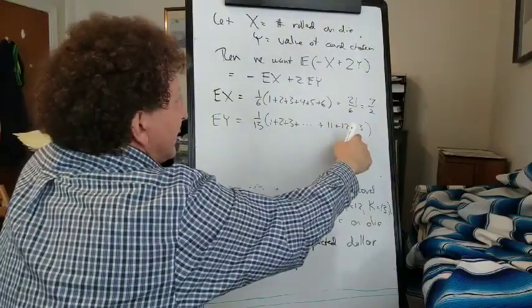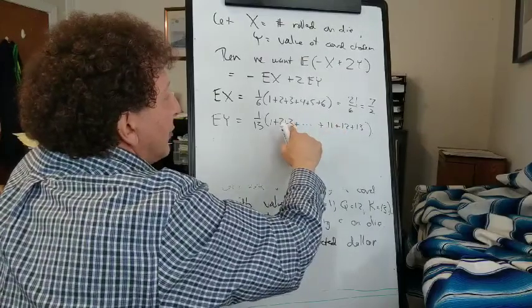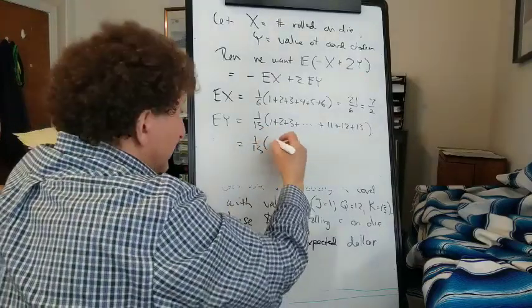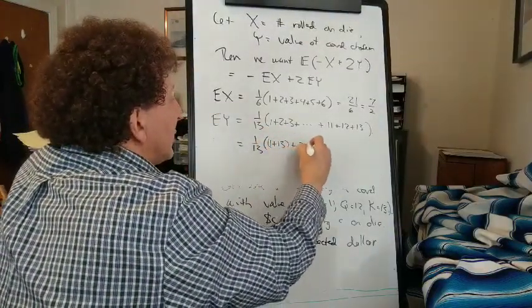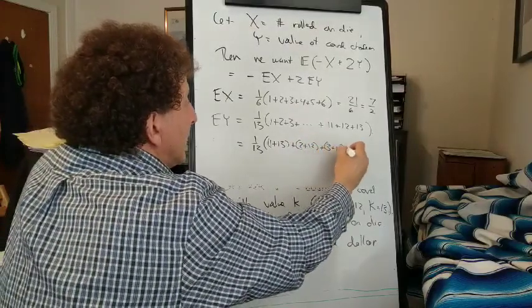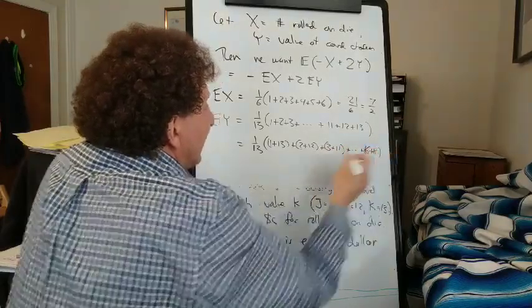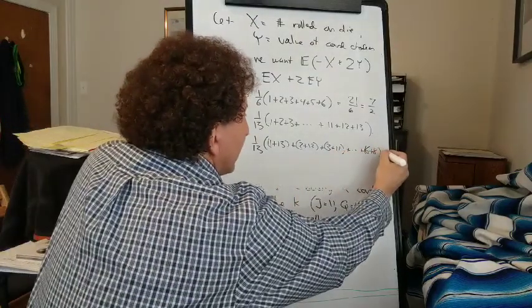So 1 and 13 is 14. 2 and 12 is 14. 3 and 11 is 14. So I'm going to write 1 plus 13, 2 plus 12, 3 plus 11, and then 6 plus 8 is 14, and then there's going to be the 7 that doesn't pair with something bigger, plus 7.